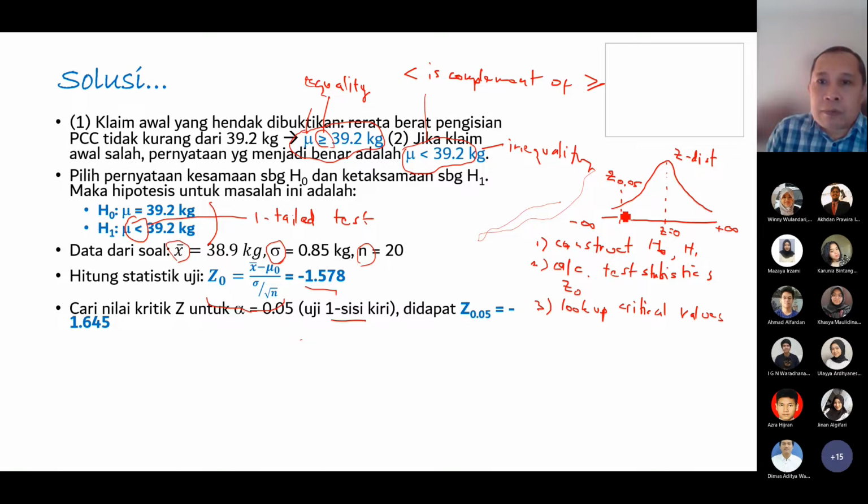So in other words, the area under the curve bounded by this z value is, of course, equal to alpha, and this area is 5%. The value of z that corresponds to such a situation, and by the way, this is on the left-hand side, is minus 1.645.